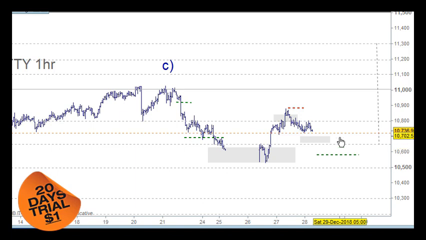So what we really want is for this here to become the resistance, and then you can have your short trade through here. I'm just talking about the safe side of this at the moment. Otherwise, we can also bring that stop down here to 1, 2, 3, 4, 5. It looks bearish. I'll just leave it there for the time being.